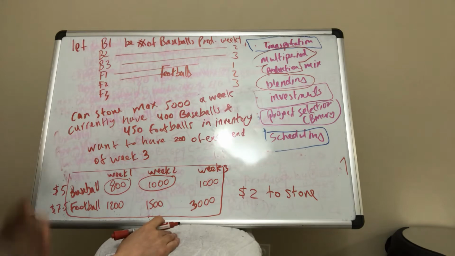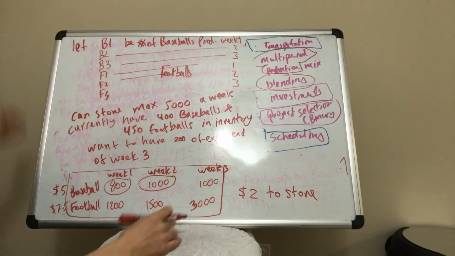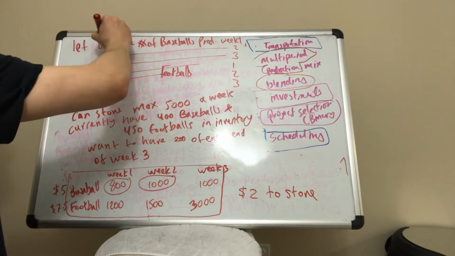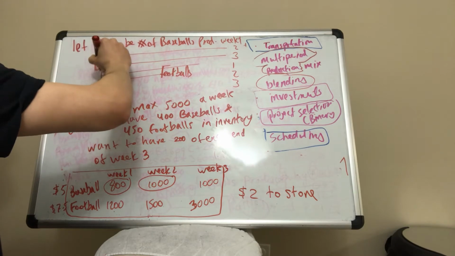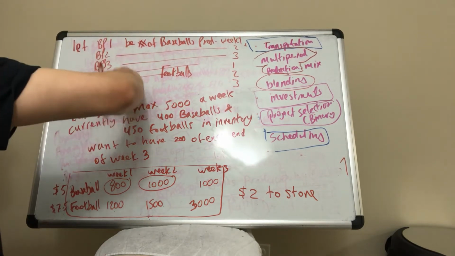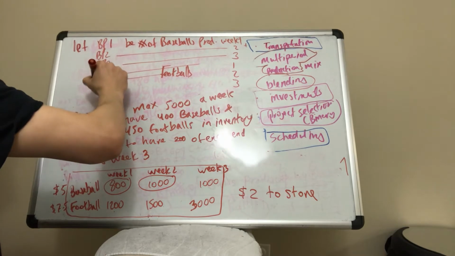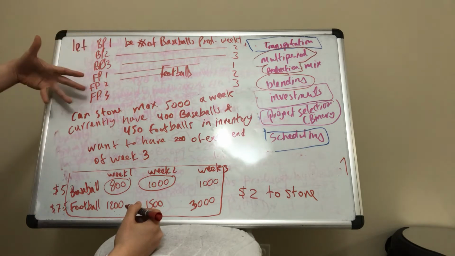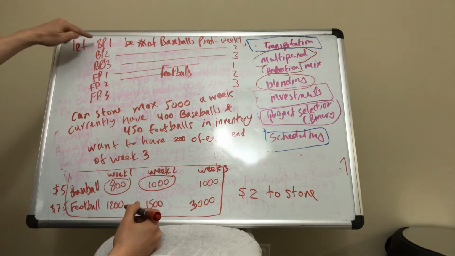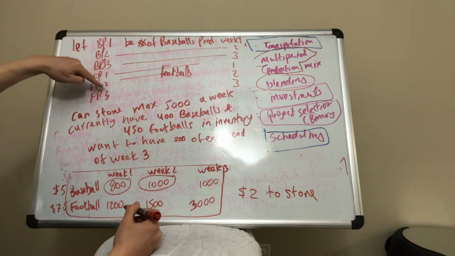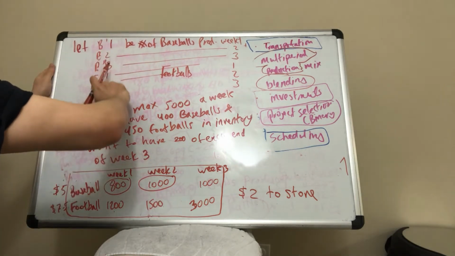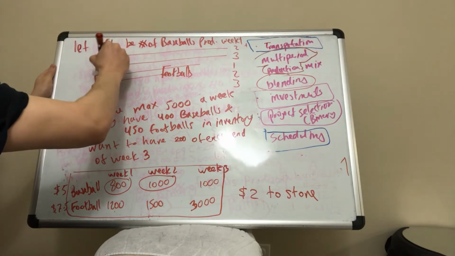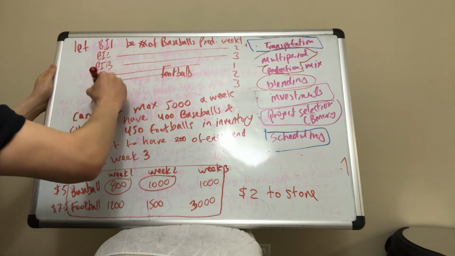But now, in addition to this, instead of doing this, I should have said BP1, BP2, BP3, and same here for footballs, FP1, FP2, FP3. Because not only can you produce, you can store. So for the same 6 variables, I'm gonna change to I or S, doesn't matter. So BI1, BI2, BI3 and FI1, FI2, FI3.